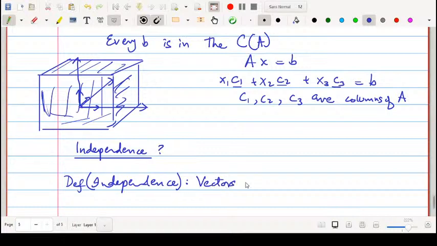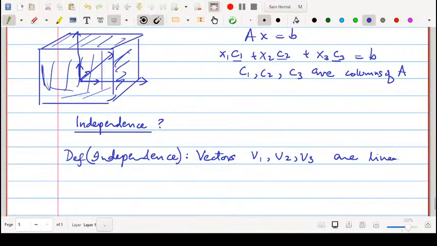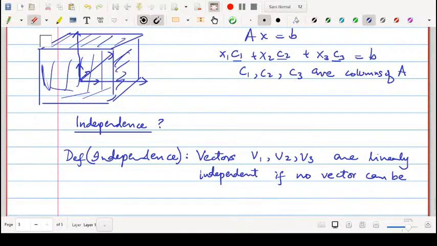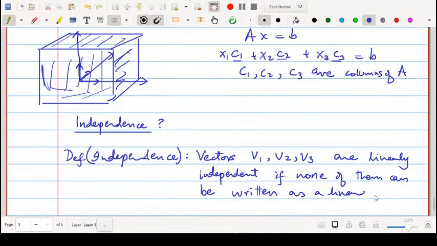Vectors v1, v2, v3 are linearly independent if none of these vectors can be written as a linear combination of the others.